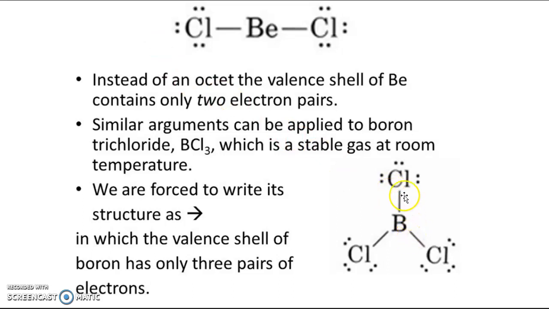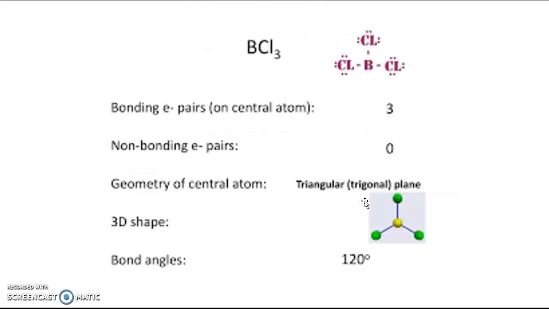In this case, the best form for boron trichloride is to represent the atoms of chlorine at the corners of a triangle. The form of the molecule is trigonal, and everything is in a plane. The angle of bond is 120.